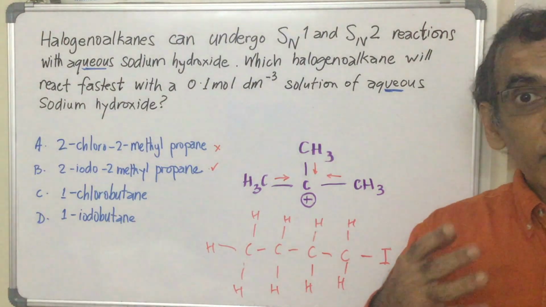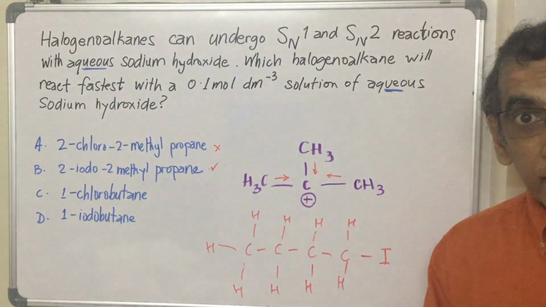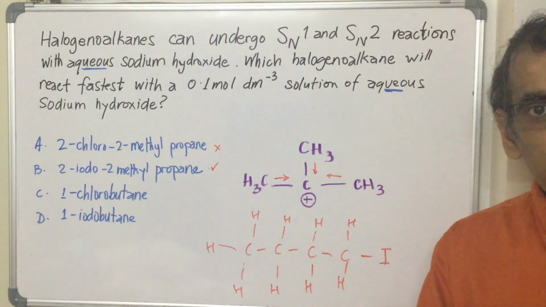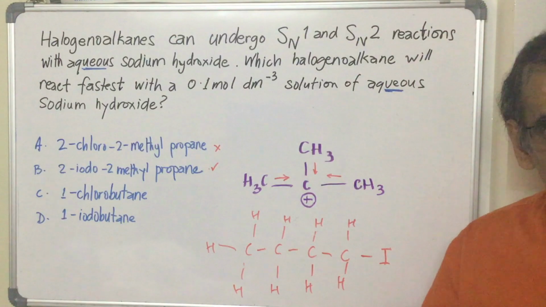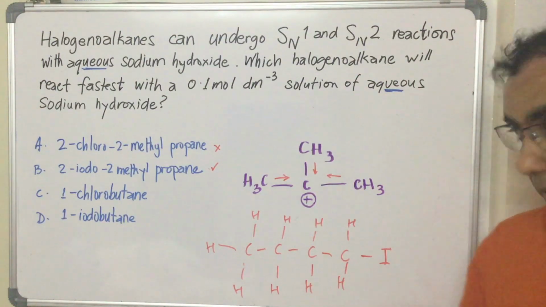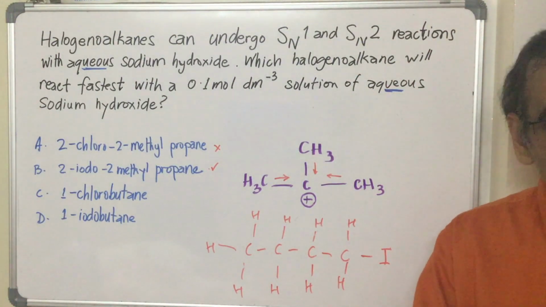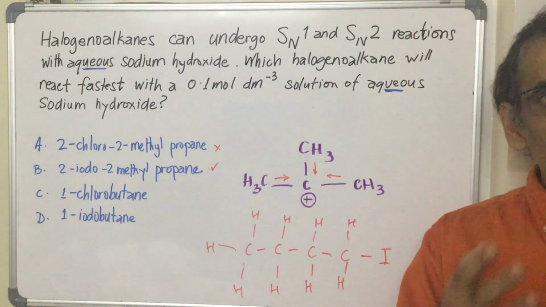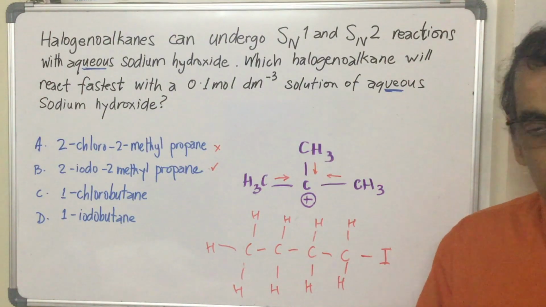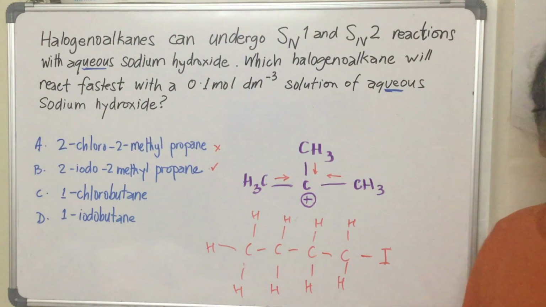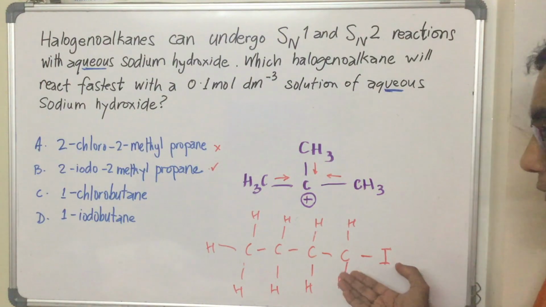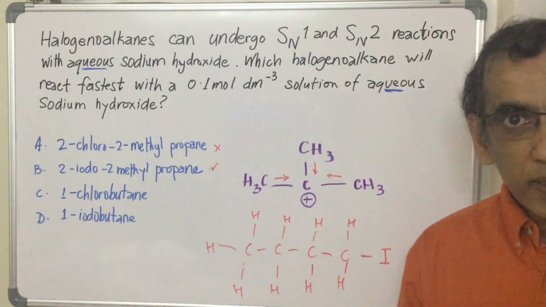This is a primary halogenoalkane. And you should note that primary halogenoalkanes would have SN2 reaction mechanisms. And when you have a primary halogenoalkane, the steric hindrance isn't that much, so therefore you should expect a pretty good reaction rate here with sodium hydroxide.